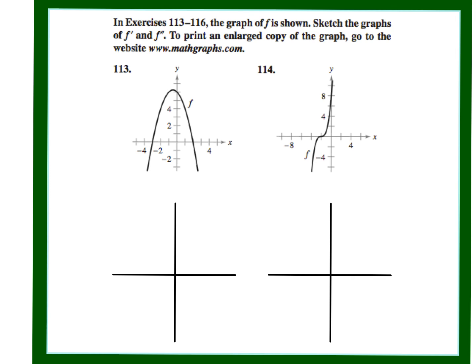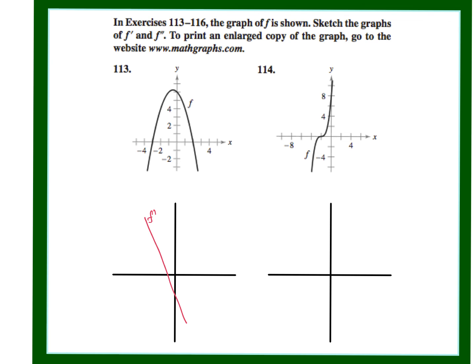So what kind of function might f be? Quadratic. What kind of quadratic? A negative quadratic, right? So negative x squared. What would be the derivative of a negative quadratic? A negative 2x, a negative linear. So the derivative of that would be like this.